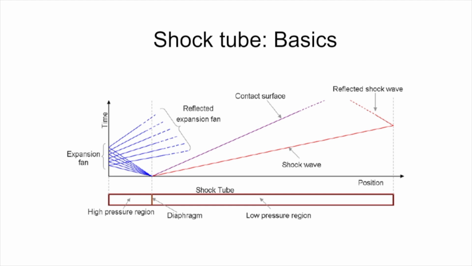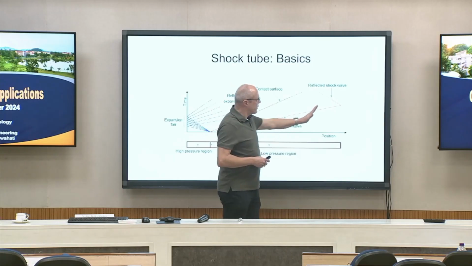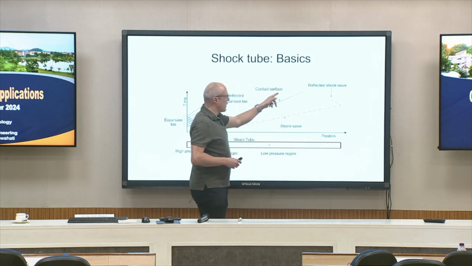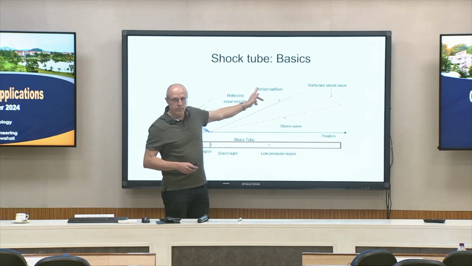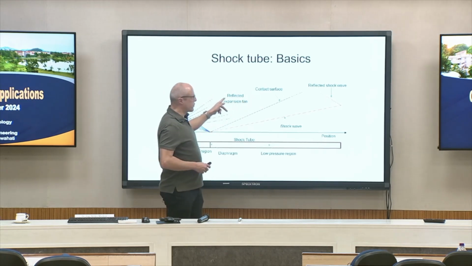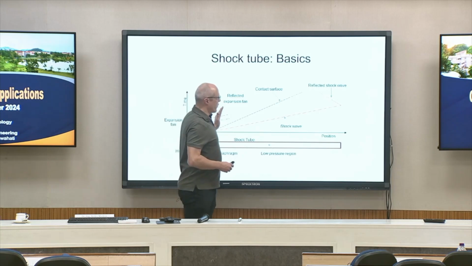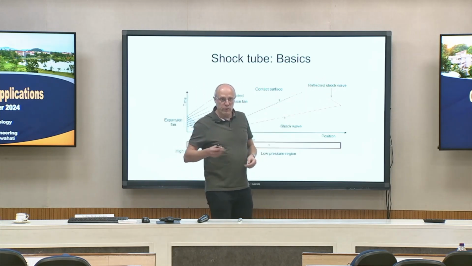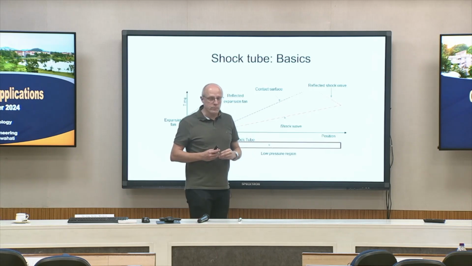So, at that time, our experiment can start. We have reached our interesting conditions. And we have an observation time which depends on the arrival time of either the contact surface or the expansion fan. One of them reaches this area earlier, depending on the tube we are using.